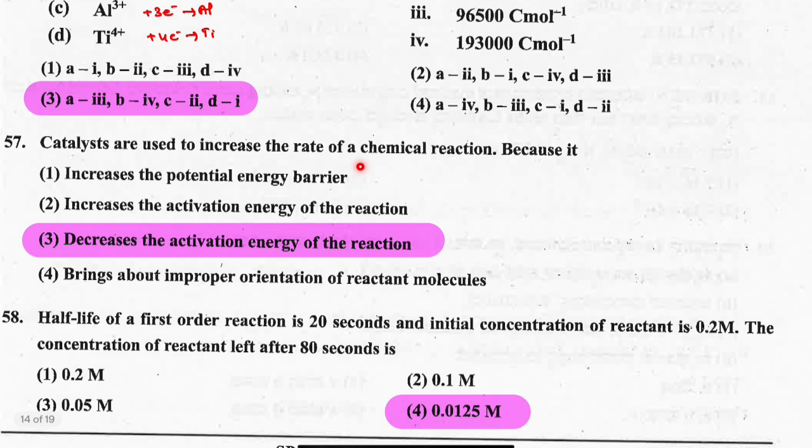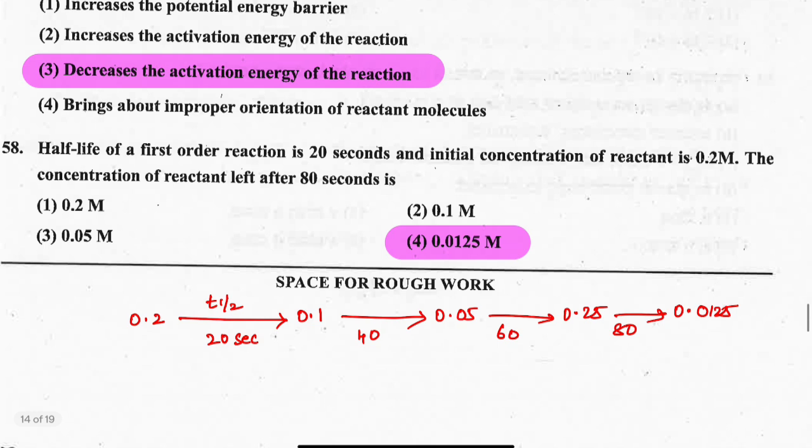Catalysts are used to increase the rate of chemical reaction because they decrease the activation energy. The half-life of a first order reaction is 20 seconds and the initial concentration is given as 0.2. Half-life is 20 seconds, in the sense it will be converted into 0.1.